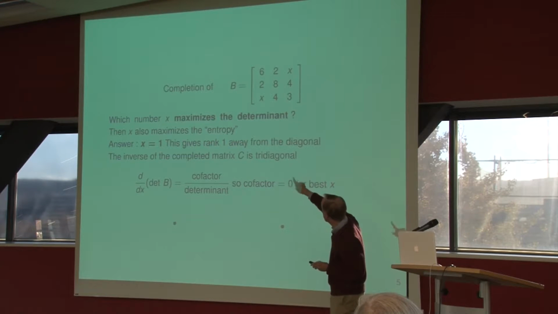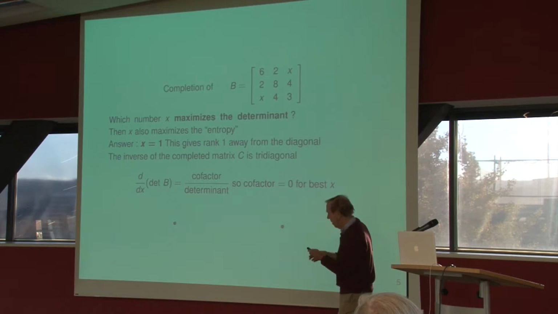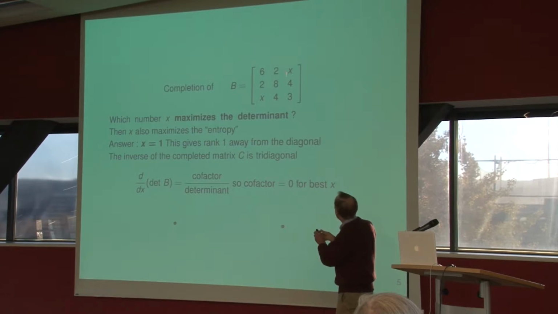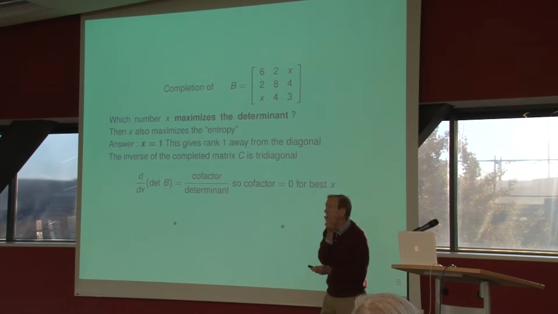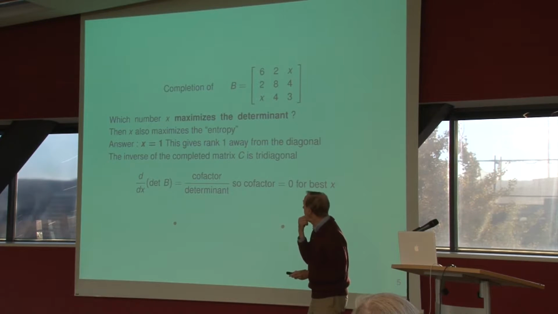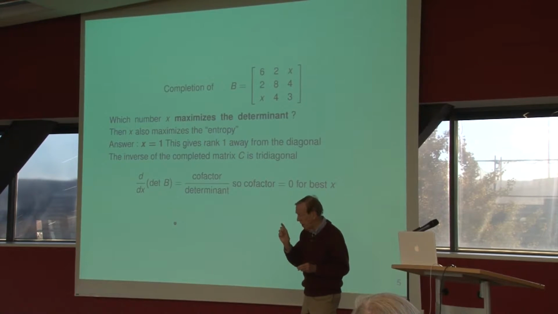The cofactor is the determinant of the remaining two rows and columns. So let me say it again. The cofactor of this x is this 2 by 2 determinant. And when I just use ordinary calculus and say the derivative of the determinant should be 0, then it's saying that cofactor should be 0. So that's exactly what we saw. So what are the steps here? This is important. Start with this tridiagonal start.